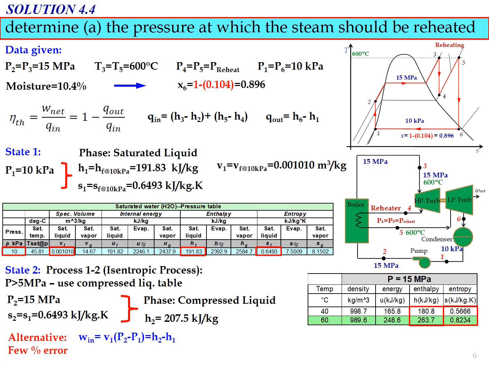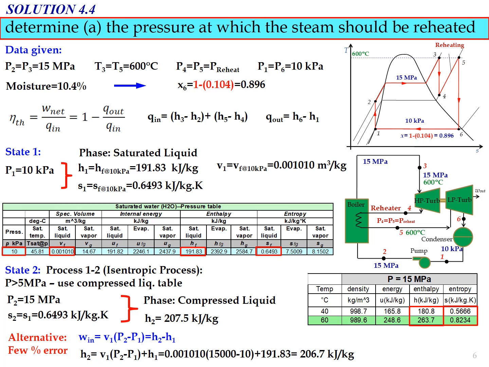You can use the formula W in equal to V1 multiplied by P2 minus P1, equal to H2 minus H1. V1 we already obtained in step number 1, P2 and P1 are given in the question, and H1 we also determined in step number 1. So rearranging the equation, we can obtain H2.